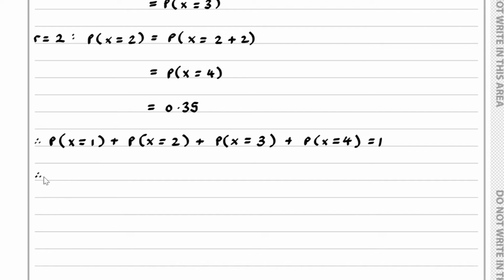So we've got the probability that X equals 1, plus the probability that X equals 2, which is 0.35, plus the probability that X equals 3, plus the probability that X equals 4, which is the same as the probability that X equals 2, which is 0.35. This is all equal to 1.